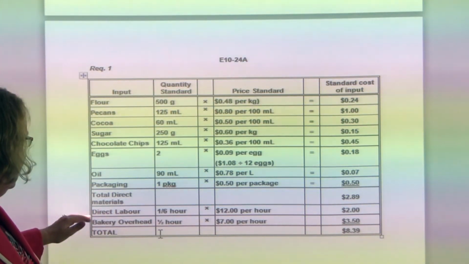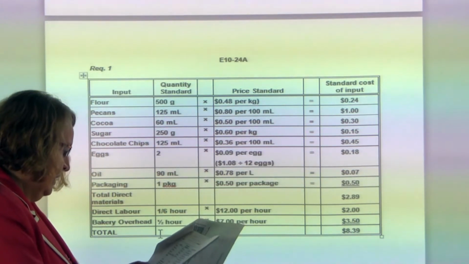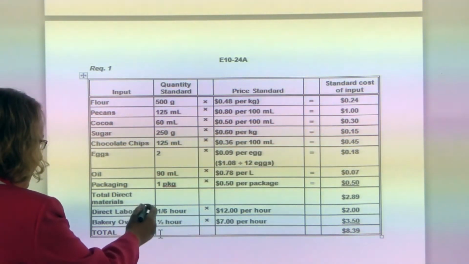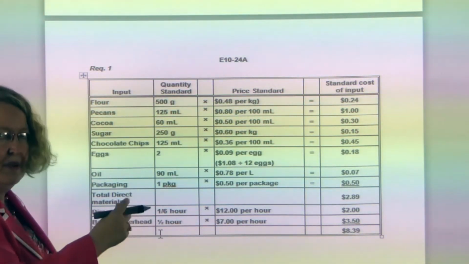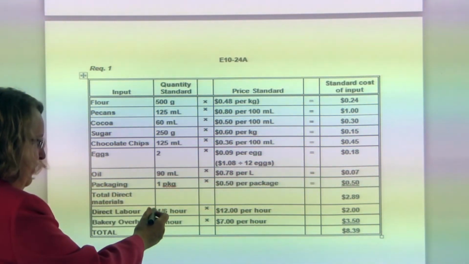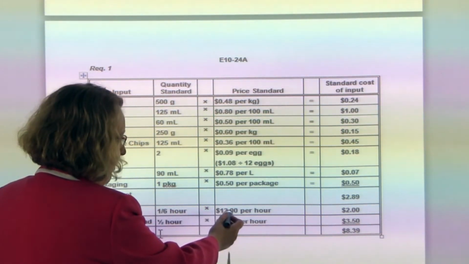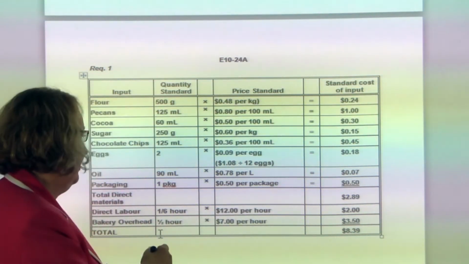Then you're given the information in the chapter. It's telling you direct labor is 10 minutes. So we have to express that in terms of an hour. So 10 minutes is equal to 1/6 of an hour. So 1/6 times your $12 will give you $2 an hour.